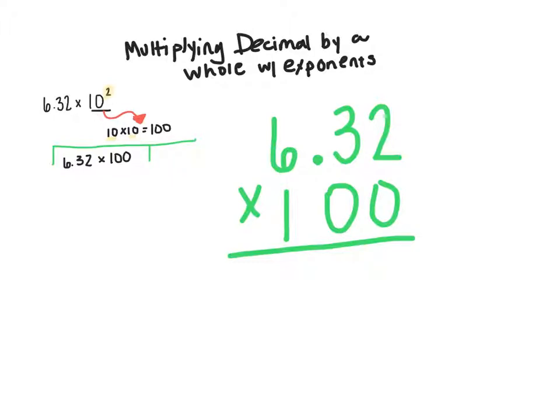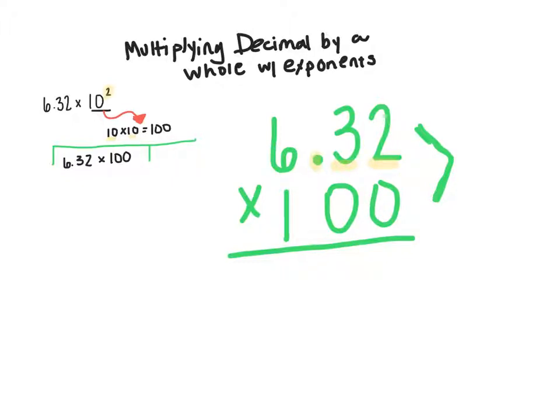Before I even start solving this part, I will count how many place values are behind the decimal for both numbers. If I look at my first one, 6 and 32 hundredths, here is my decimal, and I can see there are 1, 2 place values.